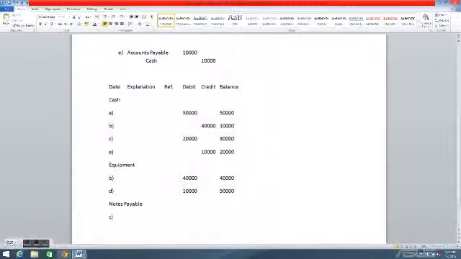So now I will do notes payable. And in transaction C, notes payable was credited by $20,000, and our balance after that transaction in the notes payable account is $20,000, and these liabilities always increase with credits. And that's our only transaction regarding notes payable, and our next account is accounts payable.